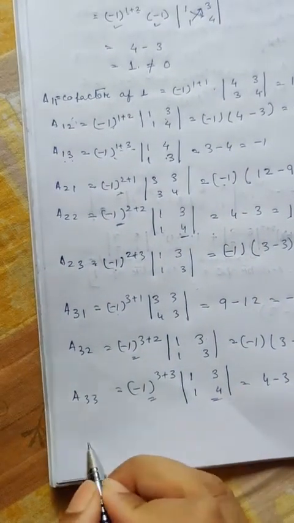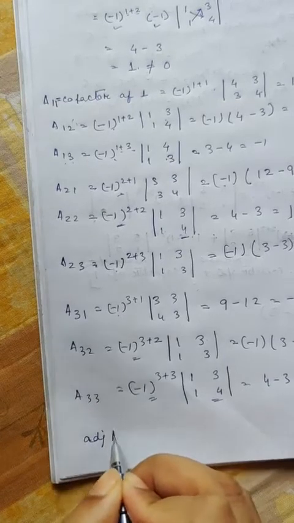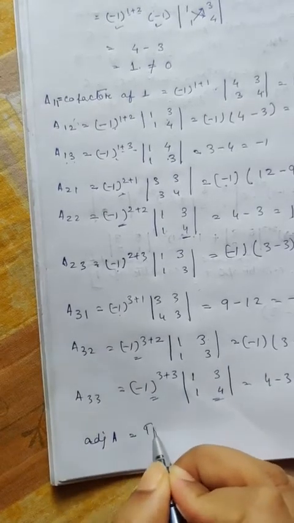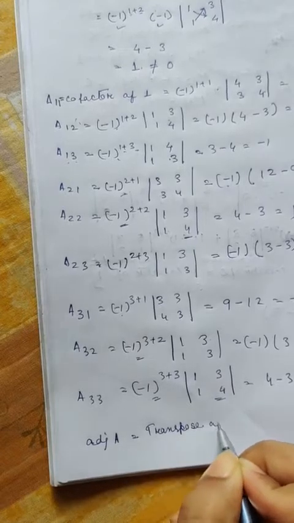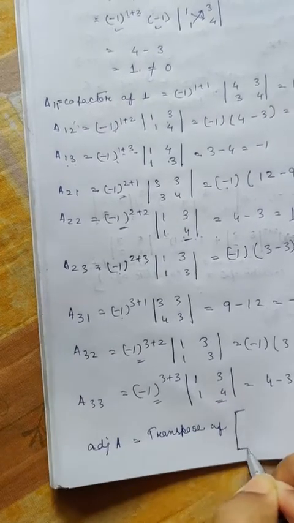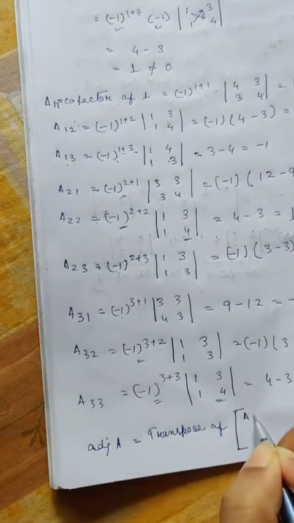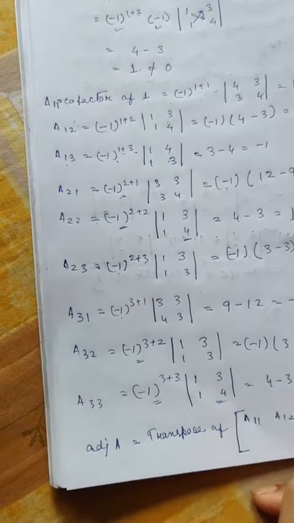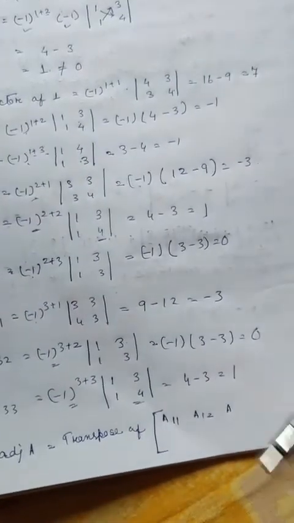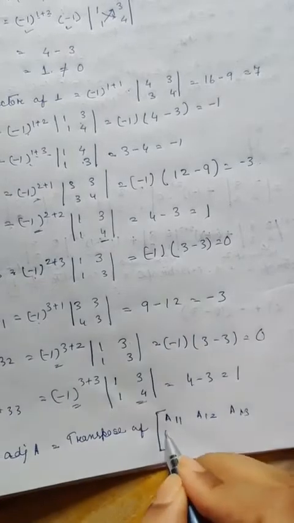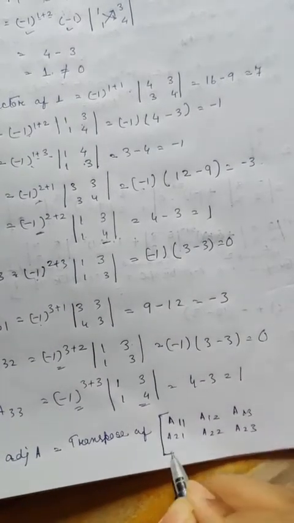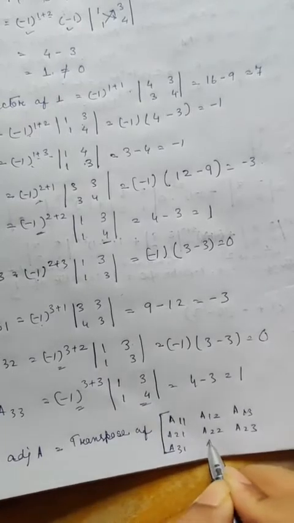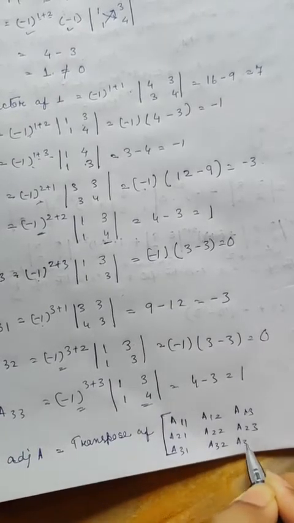So adjoint of A is equal to transpose of the matrix A11, A12, A13, A21, A22, A23, A31, A32, A33.